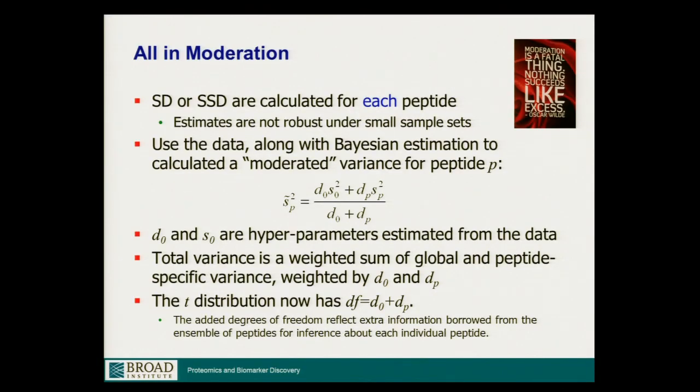So S naught is basically the standard deviation of the entire population of proteins or peptides you're looking at. SP is the standard deviation for your specific protein or peptide. And you calculate these parameters D naught and DP based on Bayesian estimation from your whole data set. They are essentially weights that are learned from the data that you provide. So what this does is it moderates your variance.